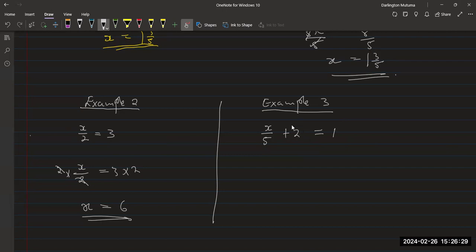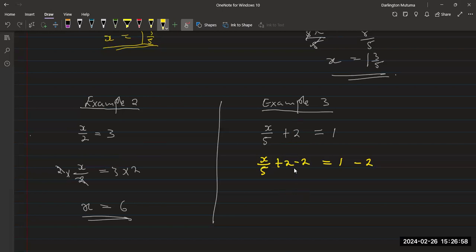So the first thing I can do is to detach x over 5 from positive 2, which means I will subtract 2 on both sides, so that I'll have x over 5 plus 2 minus 2 is equal to 1 minus 2, because I'm doing a reverse operation. If you want the plus 2 to go away, you subtract 2.